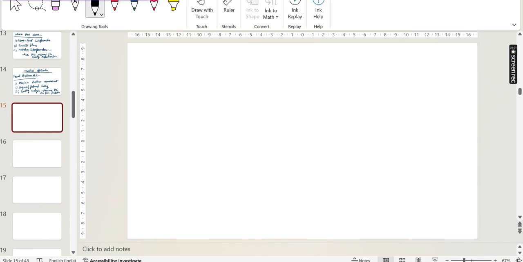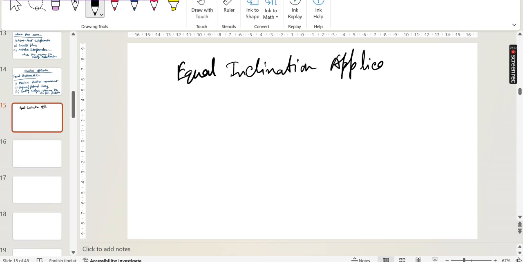And the equal inclination applications are used in spectroscopy, laser cavity design, interference filters, and so on.